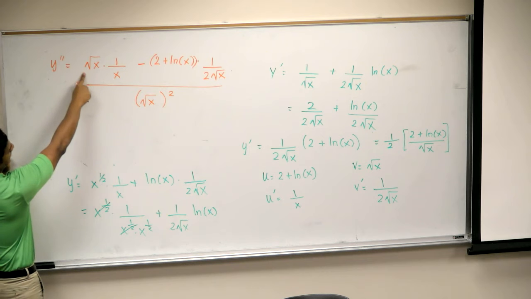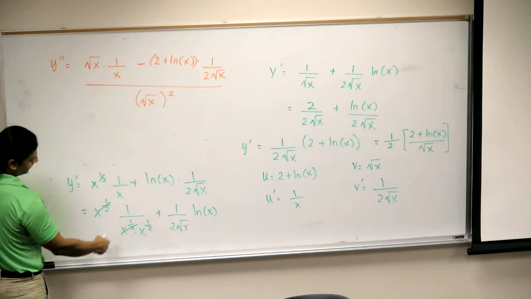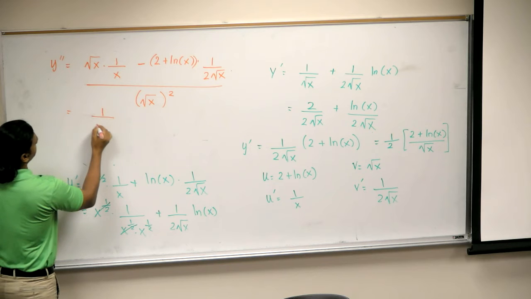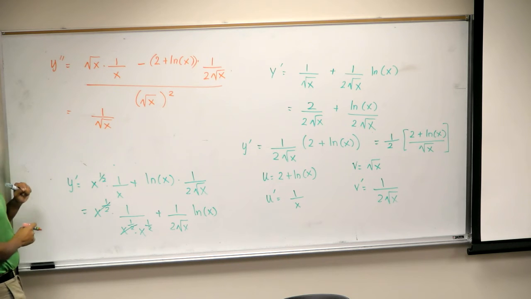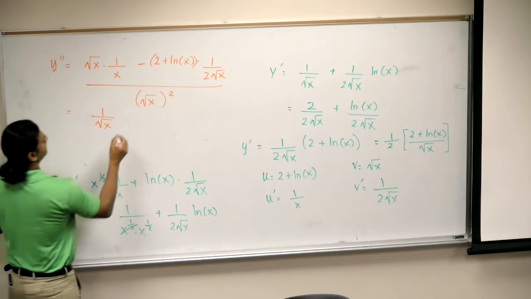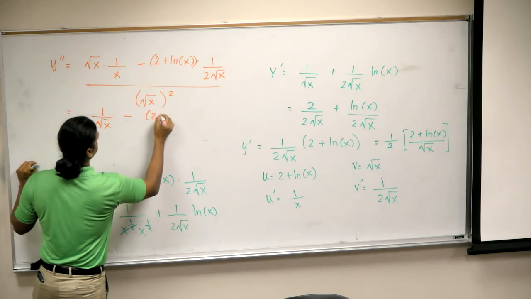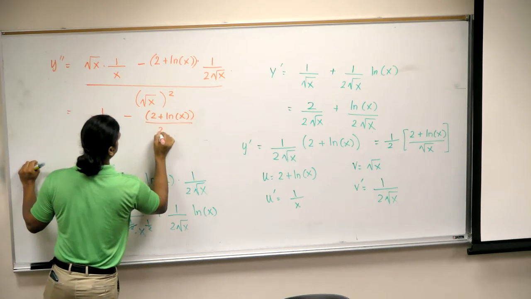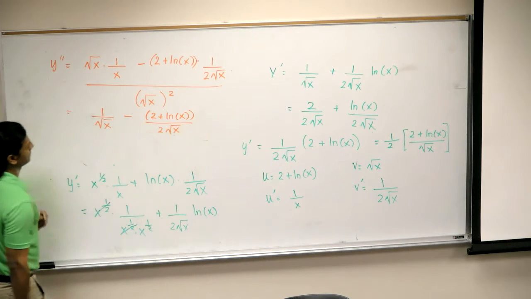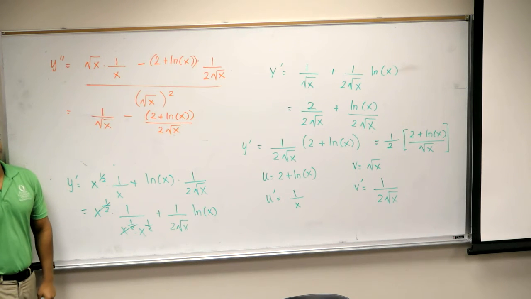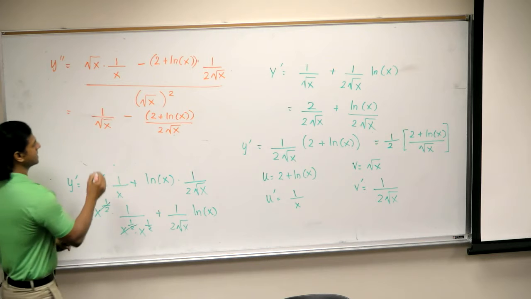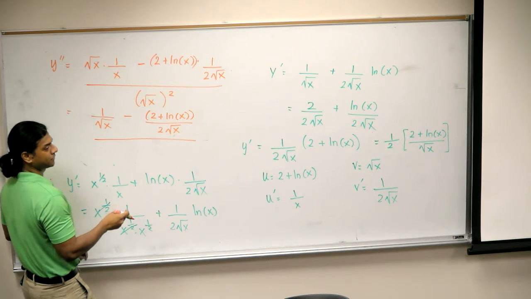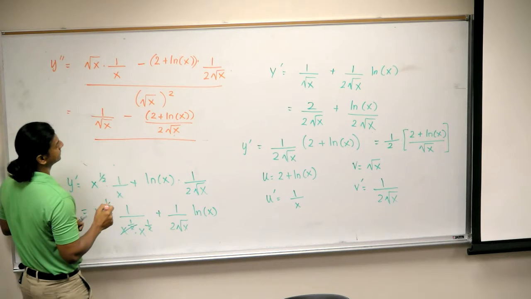I had x raised 1/2, x there, I cancelled it out, wrote it as 1 over square root of x. Going to do the same thing. Good. Divide by, what is the square root of x squared? Square root of x and then square.